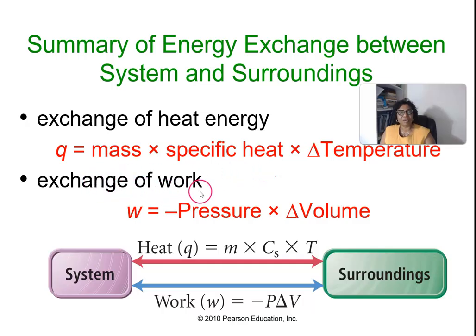Exchange of work is minus P times change in volume. So our Q equals M times C, specific heat capacity, times change in temperature. And our work is minus P times change in volume.